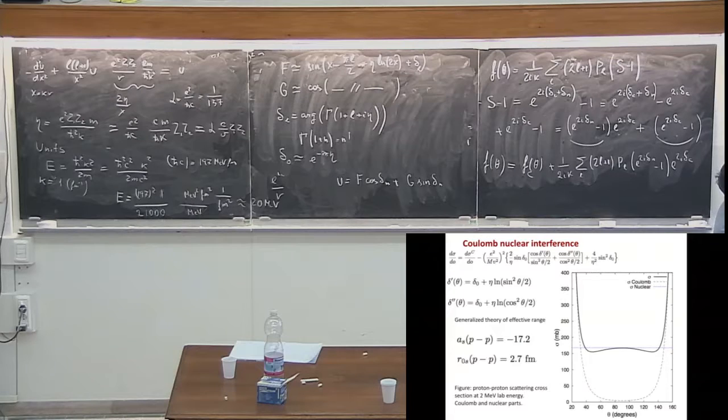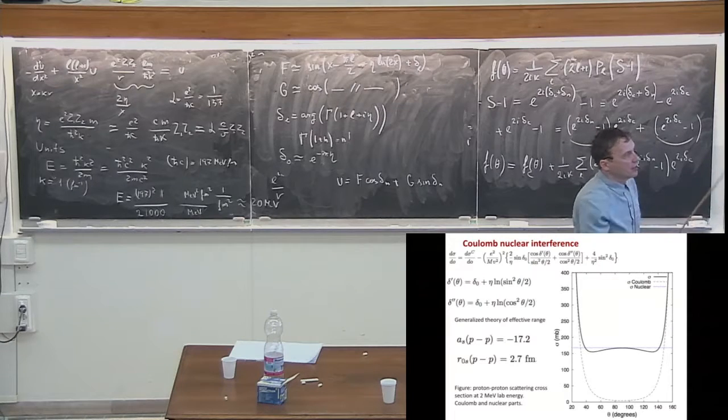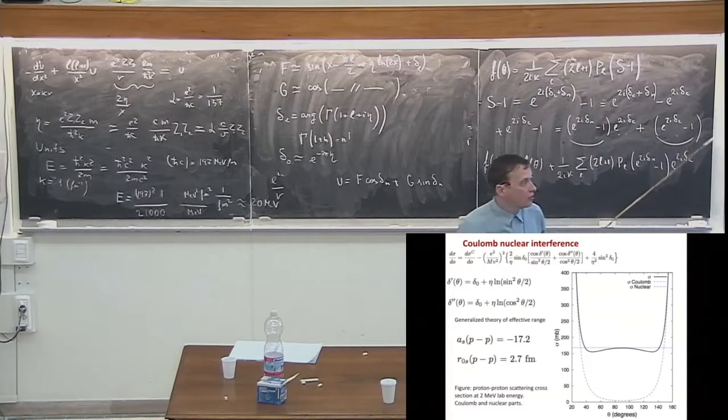And if you look here, at low angles, pretty much Coulomb dominates. Right? And the same happens at the high angle at about 180. In the middle, that's where you can learn about the nucleon-nucleon interaction from just this part. Again, if you do a full generalized analysis, which is also possible, then you can also obtain the scattering length and effective radius for this kind of scattering.